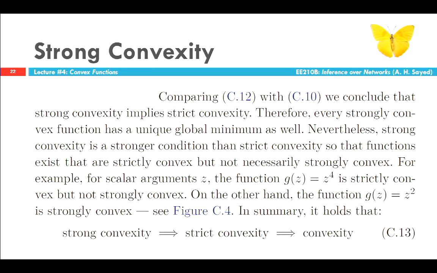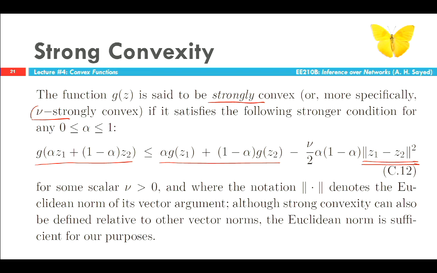You can see that this nu is a positive number. So if a function is strongly convex, it is necessarily strictly convex, because for z1 different from z2, you are subtracting something positive here. So strong convexity implies strict convexity.